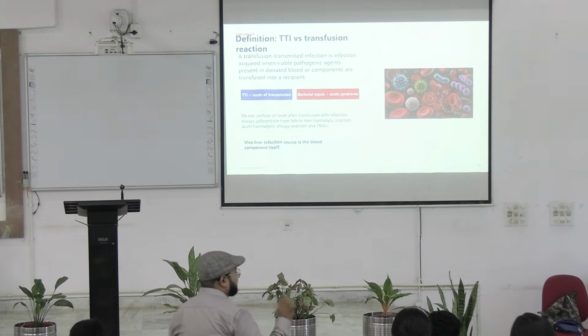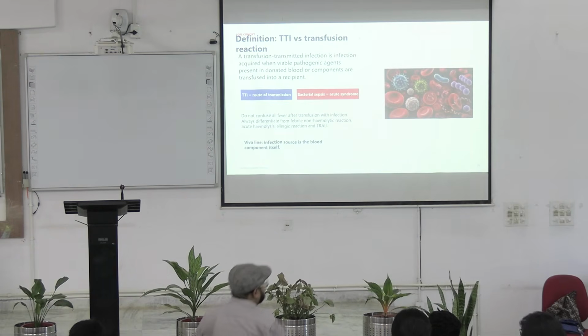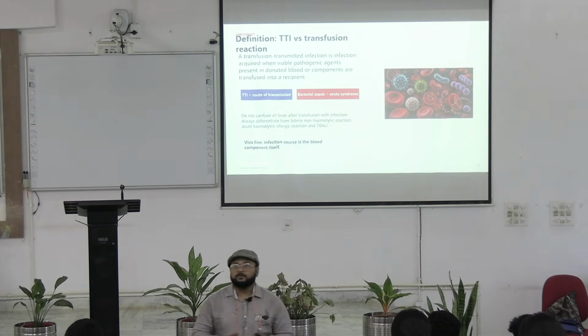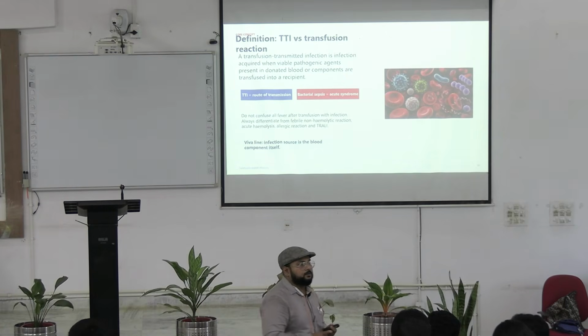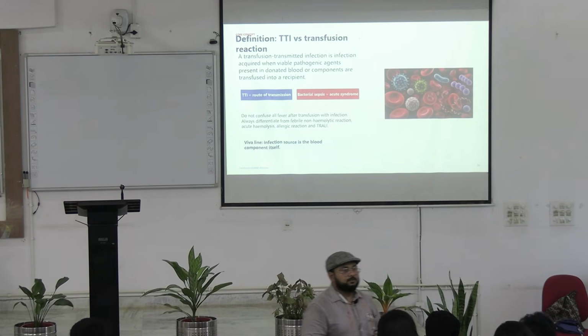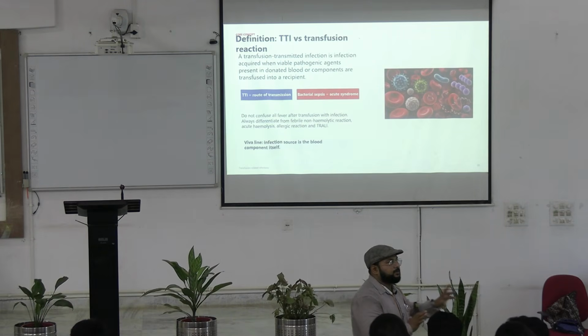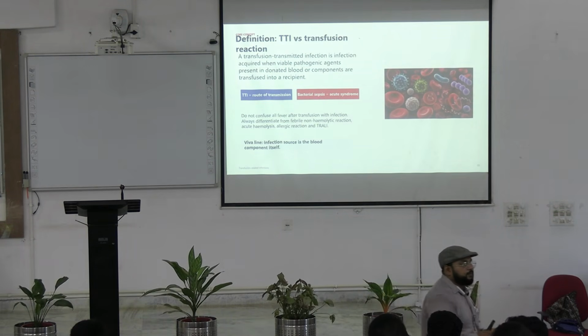So these are two distinct terms. One is transfusion transmitted infection and one is transfusion related acute lung injury. So both are different. We have to understand both definitions. One is infection and another is reaction.